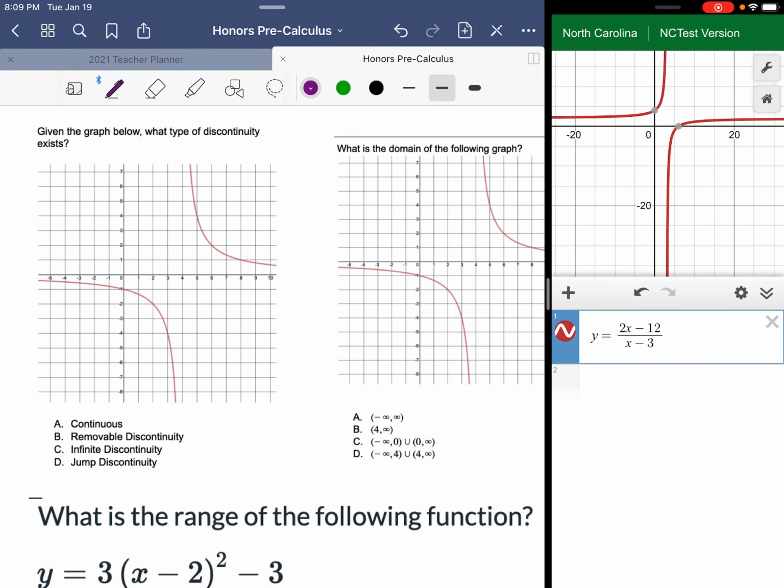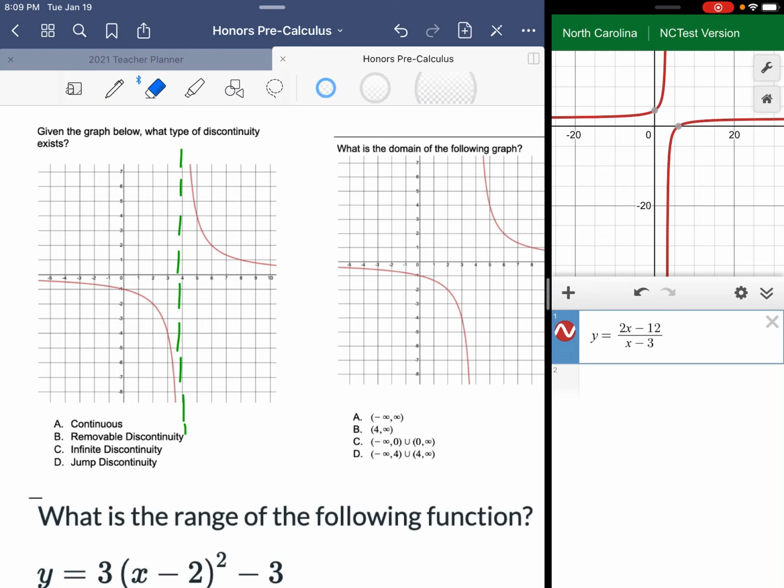All right, the next one says, what type of discontinuity exists here? I can see that this graph is discontinuous, and it's discontinuous because it has an asymptote there. Now remember, removable discontinuity means I would take a point out of your graph, physically take it out.